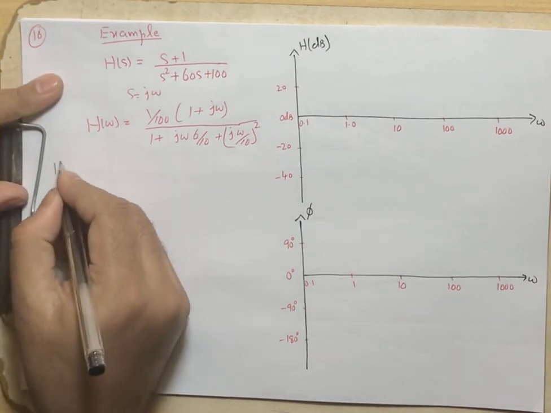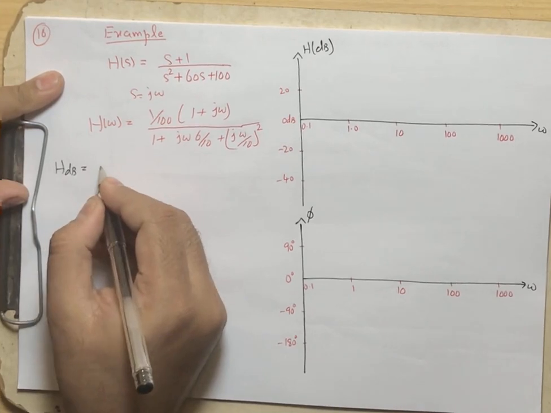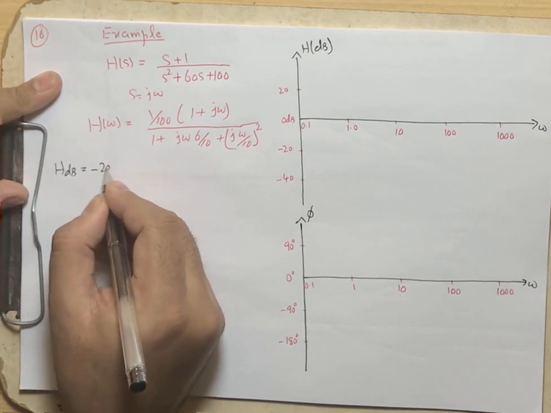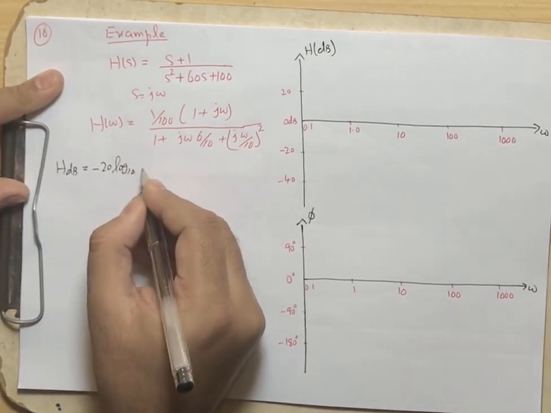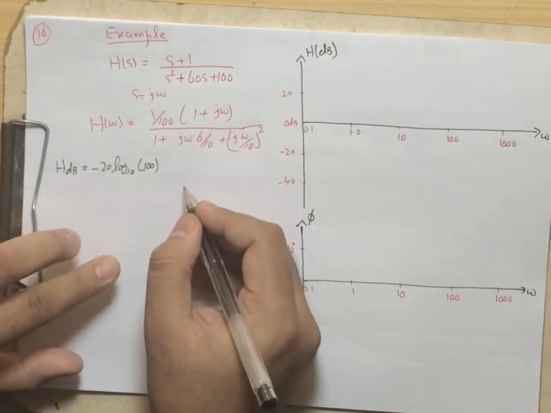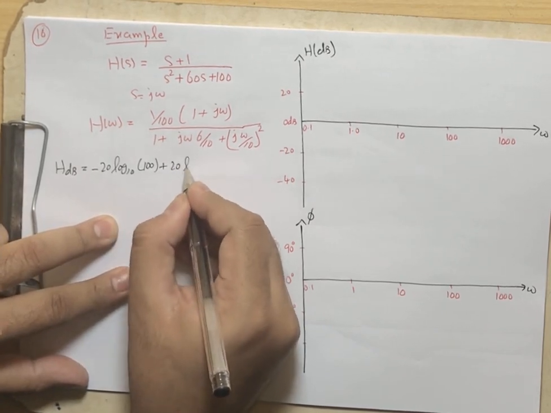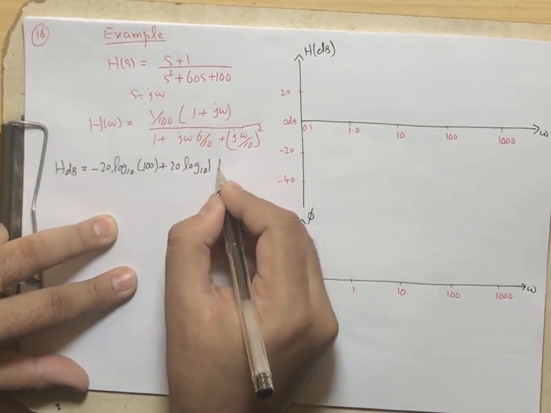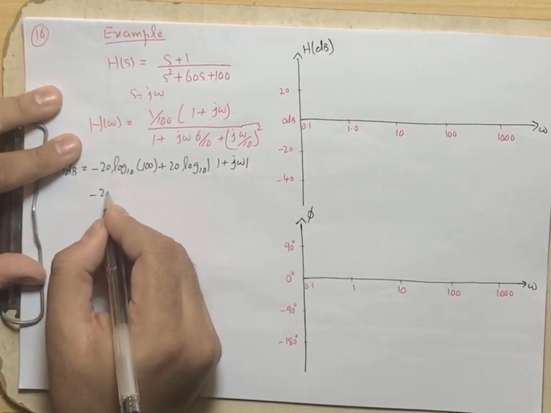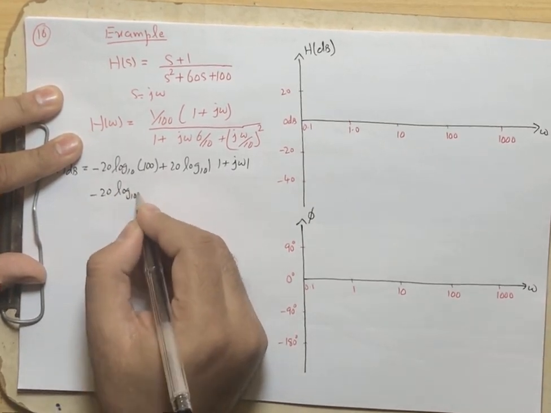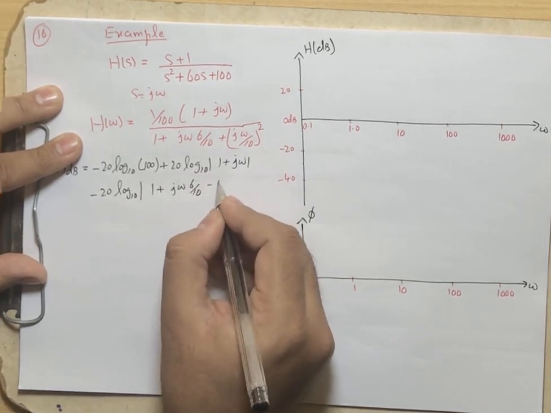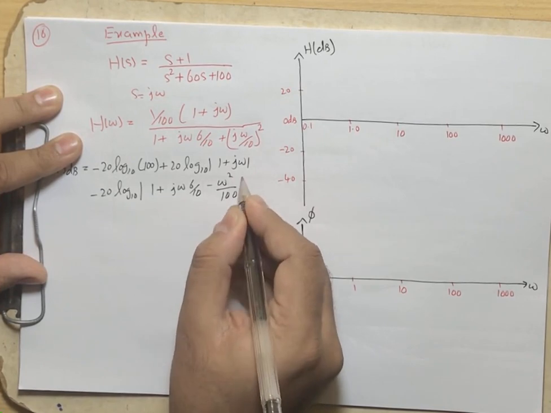So its magnitude H dB will be equal to 1 over 100. If it is 1 over 100, this is minus 20 log 10 of 100, because 1 over 100 means 100 to the power minus 1, so you take the negative sign over here, plus 20 log 10 of 1 plus j omega, and minus 20 log 10 of 1 plus j omega 6 by 10 minus omega square by 100.